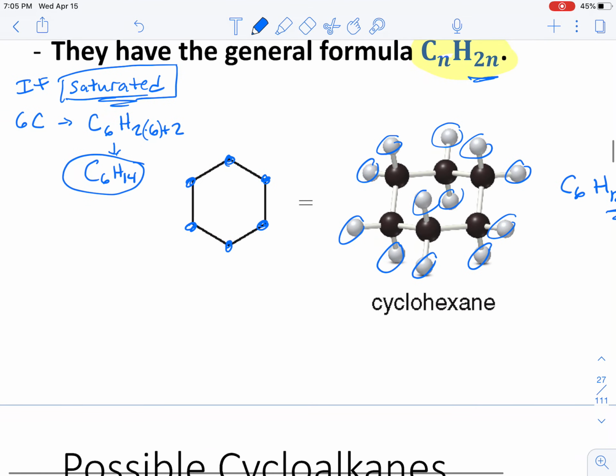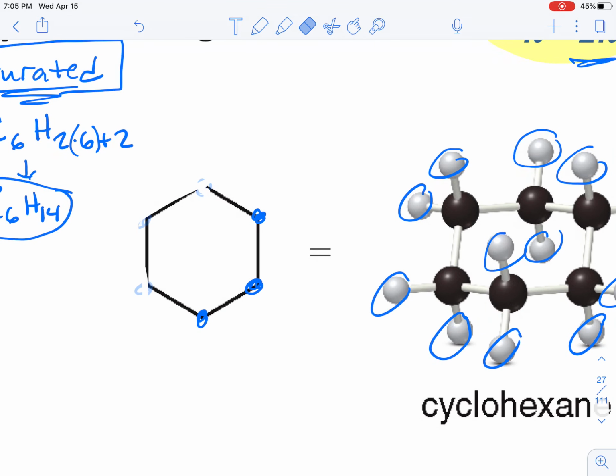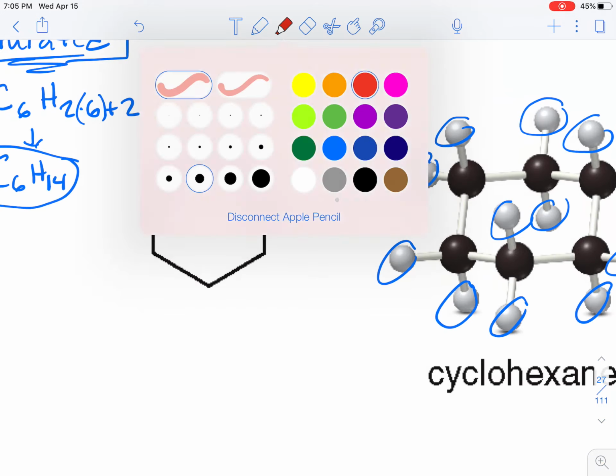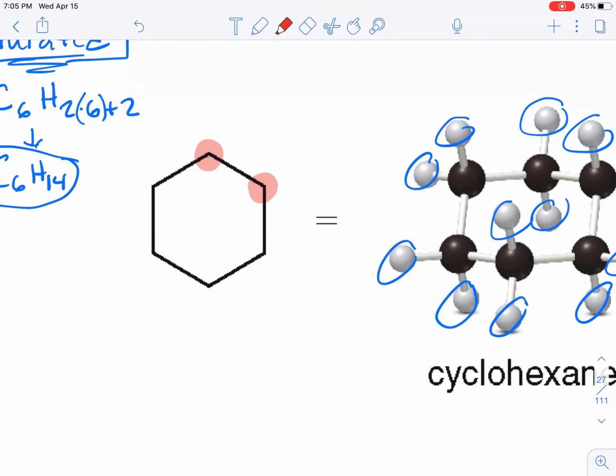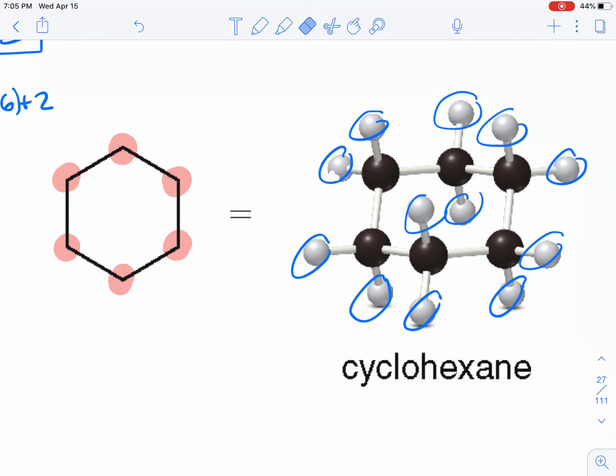And so I kind of jumped ahead, but let me go ahead and erase all of this stuff here. Whenever you're drawing cyclic alkanes, once again, the corners, I'll put this in red, the corners in the ring represent a carbon. And anything that is not shown, if you recall, represents a hydrogen.